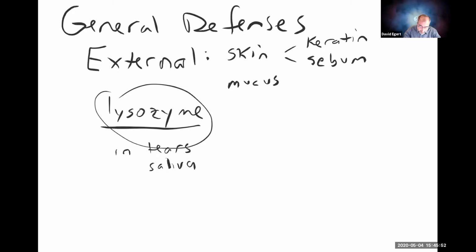It's in your mucus, coming out of your nose. And this breaks down the cell walls of bacteria. So it's something that's antibacterial. That mucus is not just sticky, it's also toxic for bacteria. So there's that.